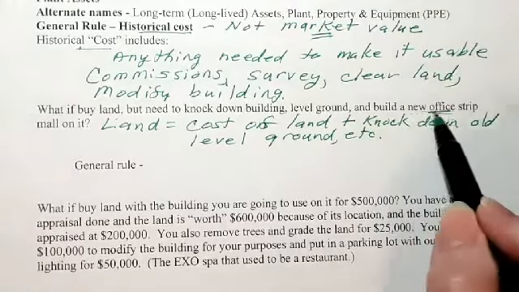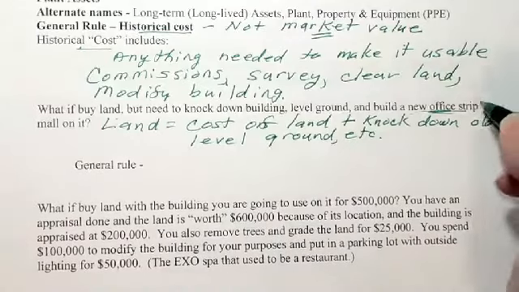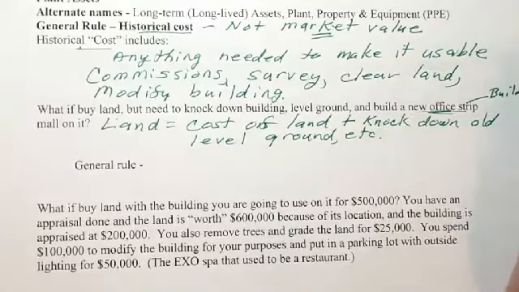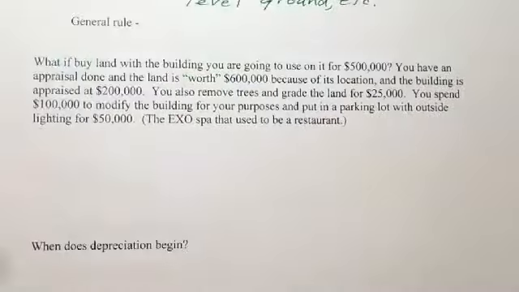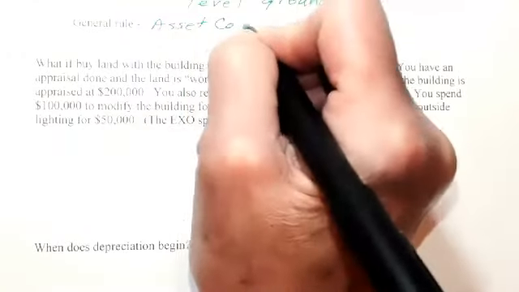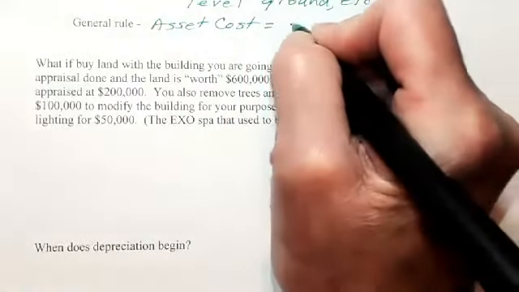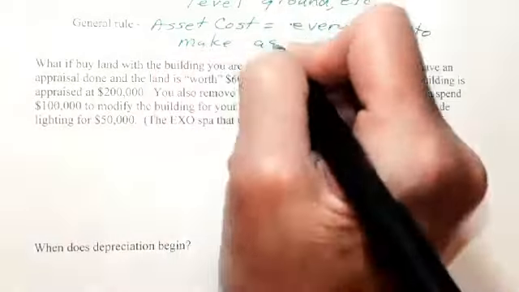Once you start building that new strip mall, that will go into the cost of the actual building itself. So that goes to the land, and then stuff that happens after that would go into your building account. The general rule is your asset cost equals everything to make the asset usable.